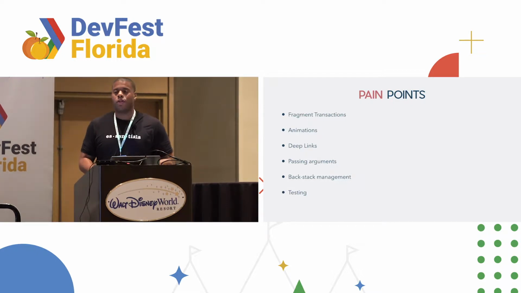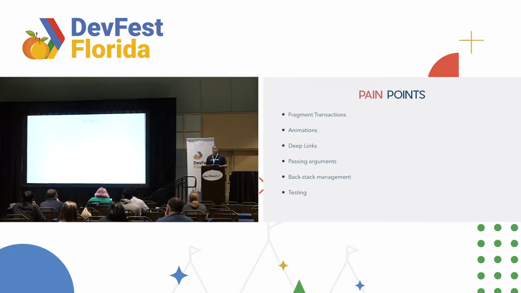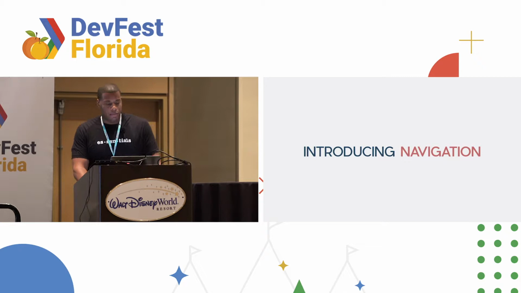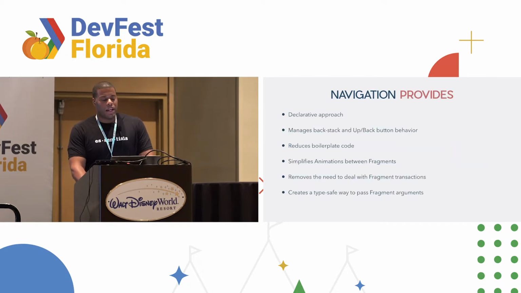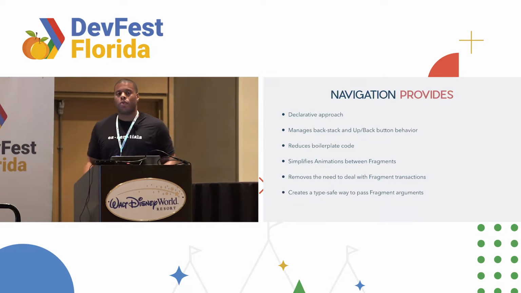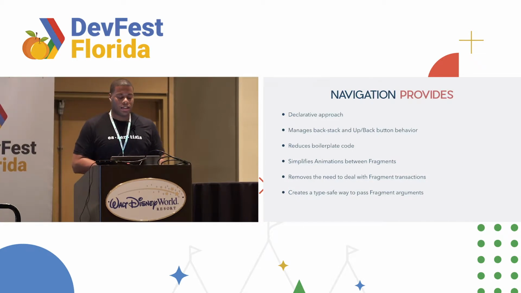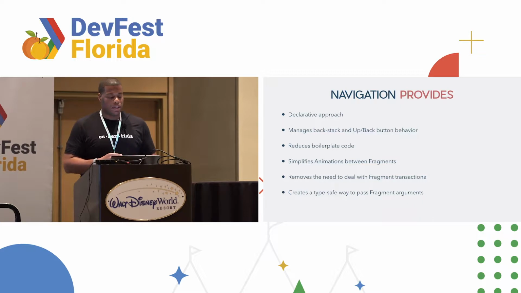Cool. So they also wanted to improve the backstack management and also testing. So that's why they came up with the navigation framework. The navigation framework provides a declarative approach to building out your navigational structure in your app. It helps to manage the backstack. It makes the back button and the up button behavior a bit more consistent, and it simplifies animations when you're dealing with fragments.